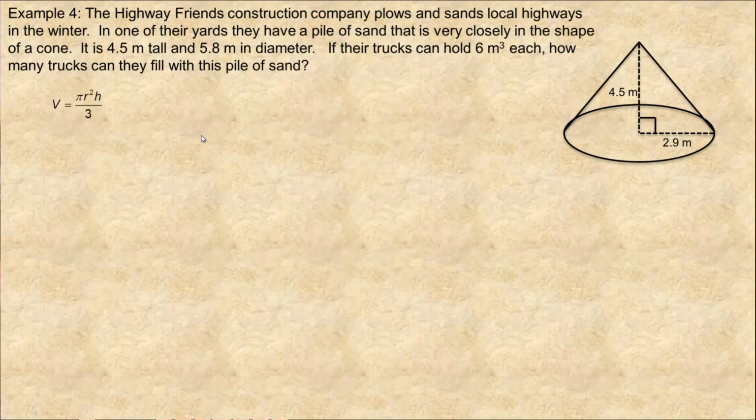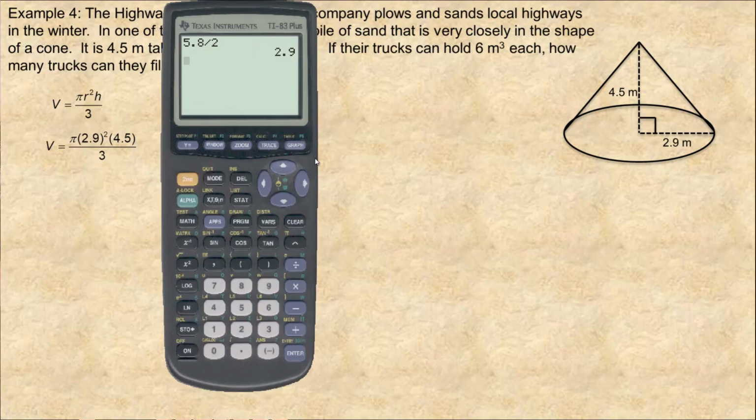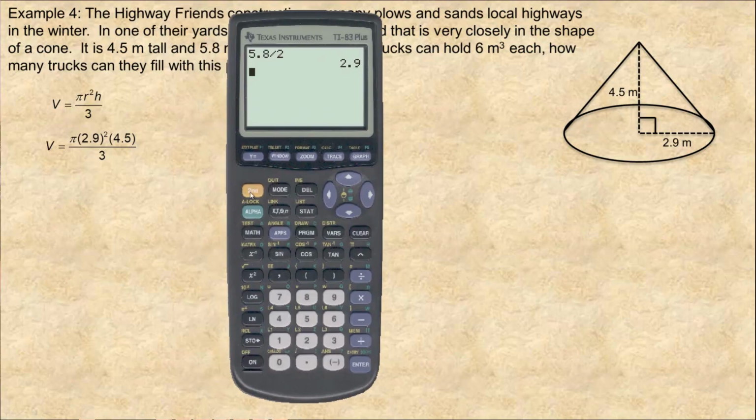So how much will something hold? That's volume. So we'll use the volume formula for a cone here. So substituting in the radius is 2.9 and 4.5 meters is the height. And so that's the calculation that we're going to do here. So pi times 2.9 squared times 4.5.